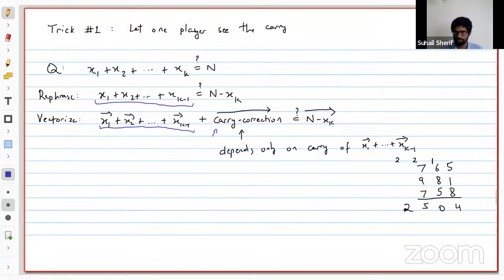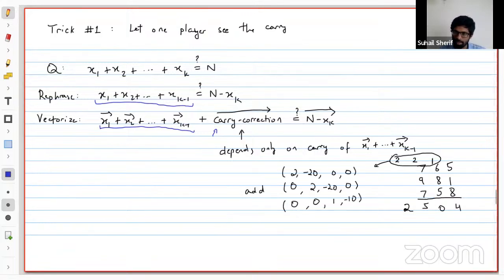Player k can actually see what this carry correction should be and communicate it to the other players. So here's a simple example. We're adding up 3 numbers. This is how we do it: we add it up and then we put up the carries over here. What these carries are really saying is, add up your numbers as if they are vectors, and then add these specific extra vectors to make sure that your final number is a correct base Q representation.